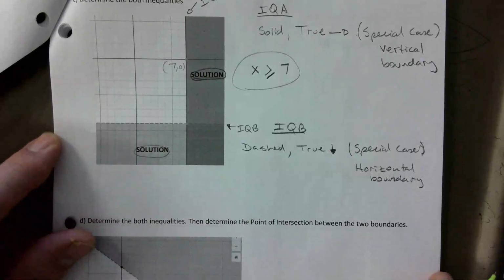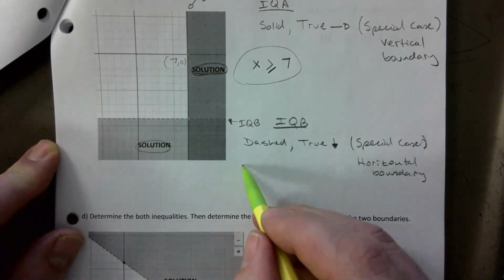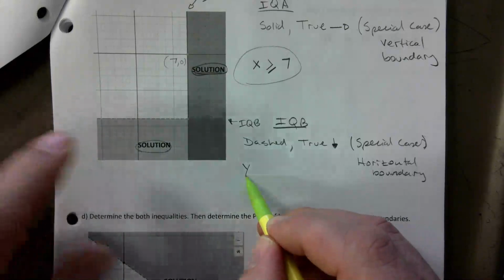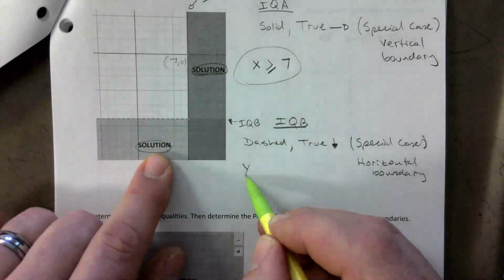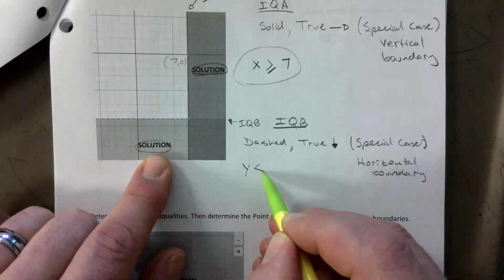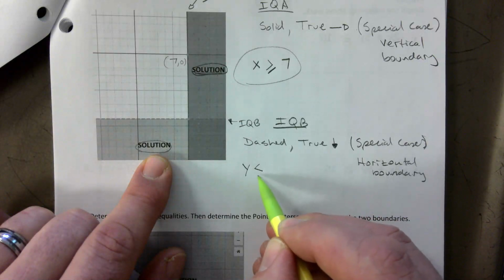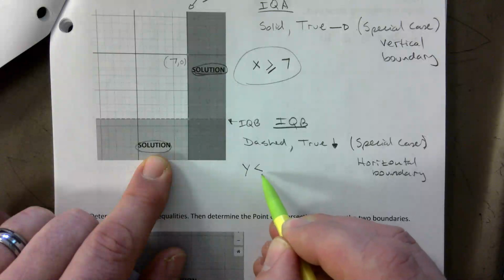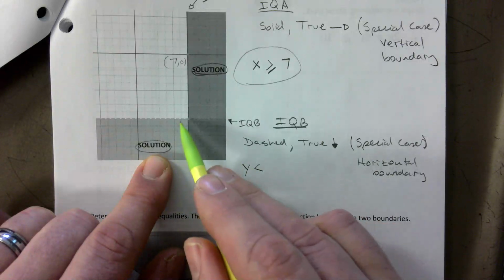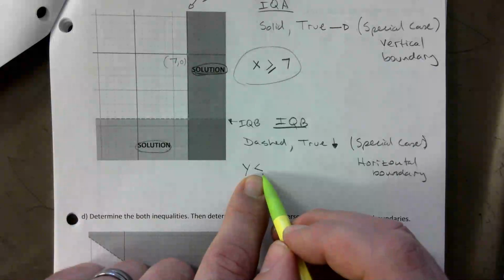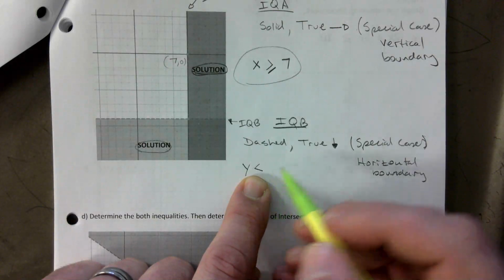It's a horizontal boundary, so I will go y. If the solution is below the line, I go less than. Will I put an equal sign there? I will not, because it's dashed. Then it's just less than. Do not put an equal if it's dashed.